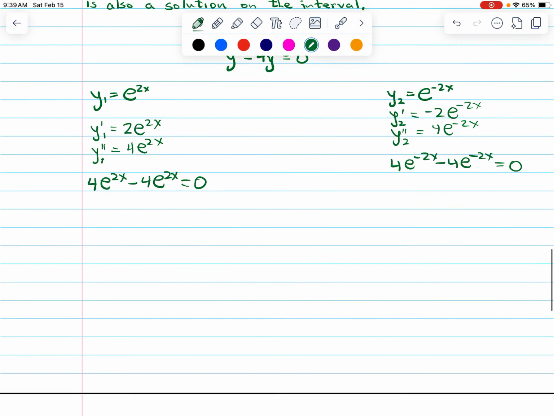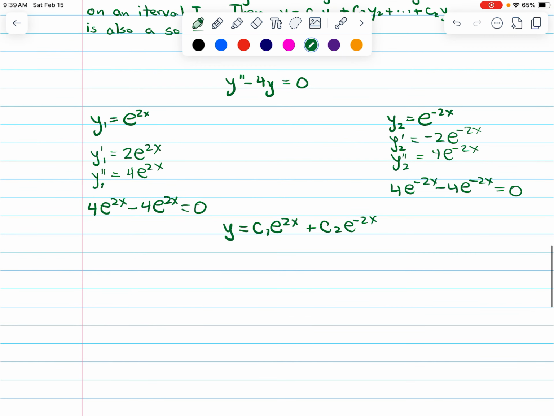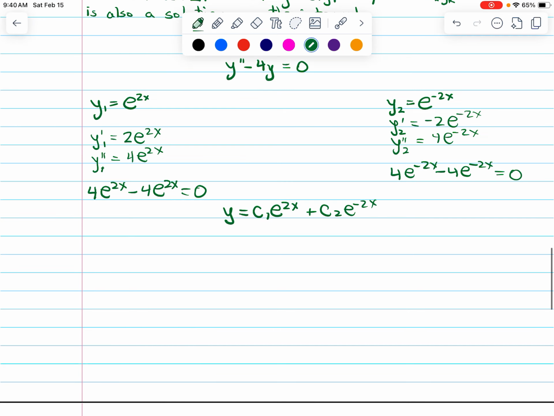Now, if I use both of them, let's suppose I've got y equals c1 e to the 2x plus c2 e to the negative 2x. And let's see if this works as a solution. Part of the reason I'm doing this example is so you'll see exactly what I'm talking about. We've got two solutions here. We've seen that both of them work.